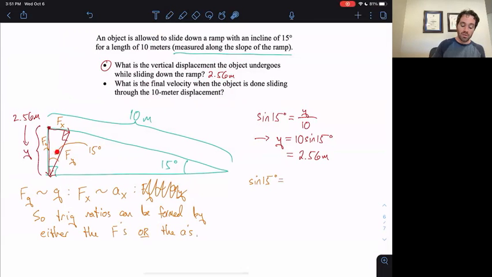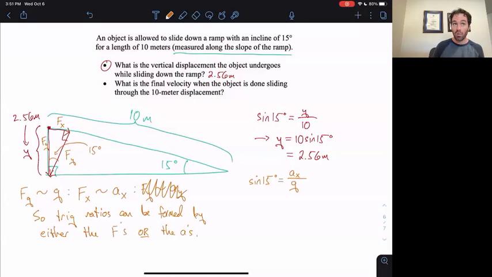And here I'm looking at this 15-degree angle, so opposite over hypotenuse. But I'm going to use not Fx, but ax. And I'm going to use not Fg, but g itself. So sine of 15 equals horizontal acceleration, which is currently unknown, divided by gravitational acceleration, which is known, right?